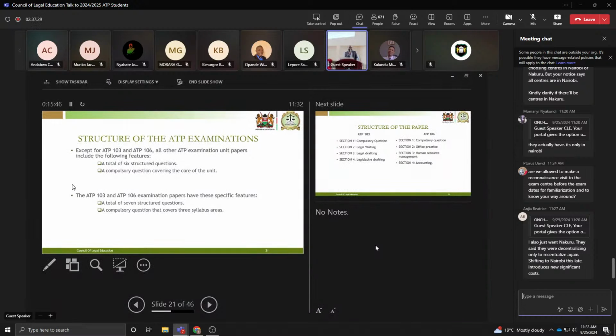Apparently, what we've noted is that the majority of the students concentrate on drafting, legal drafting, drafting a letter, drafting an opinion, and writing, change of words and stuff like that, and forget the legislative writing. A number of students will not touch on legislative writing. I implore you to go and prepare properly on those components.